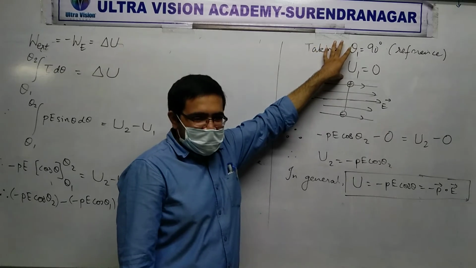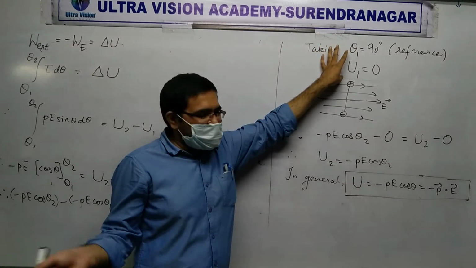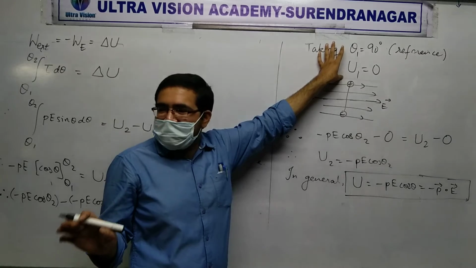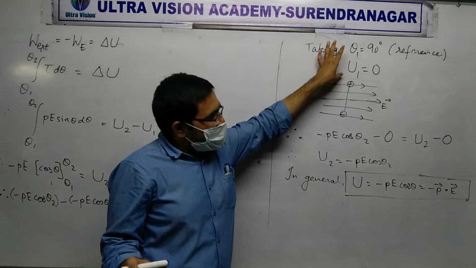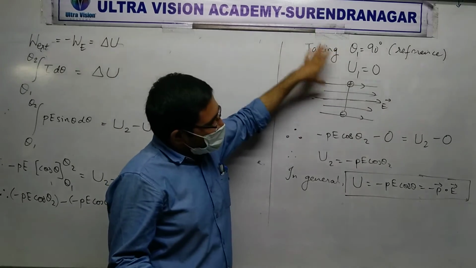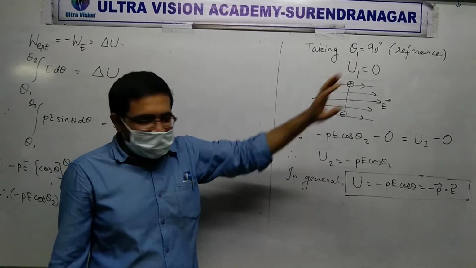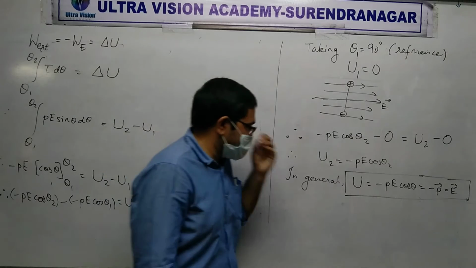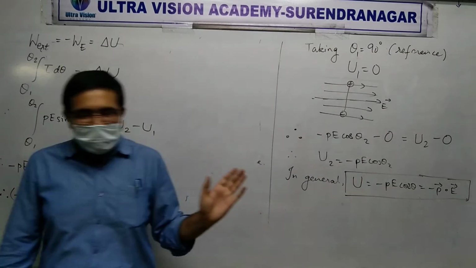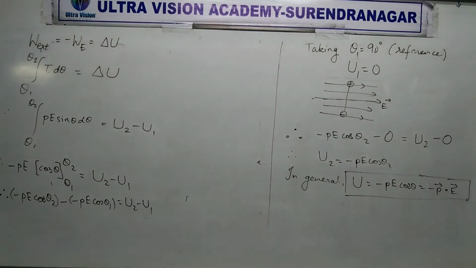Here we have assumed it, I'm telling you that, because in potential energy you can assume any point as reference. But later on, I'll also explain why it will be 0 in this manner, going by some standard procedures. Anyway, this is what we have for the potential energy of a dipole placed in a uniform external field.